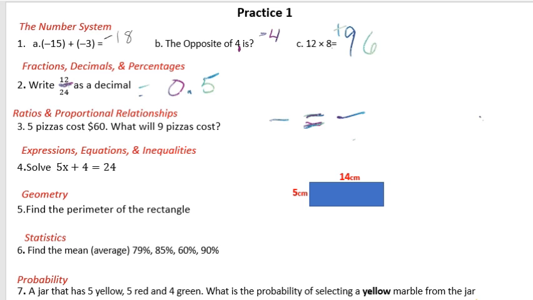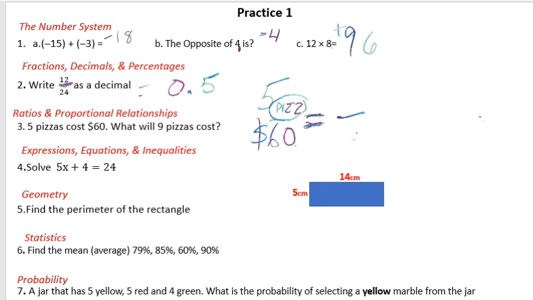They did tell us that 5 pizzas, I'm going to put my pizzas at the top, 5 pizzas cost $60. Now, when I set up my proportion, I need to make sure that this side is set up exactly the same as this side. So right here I put the pizzas at the top.